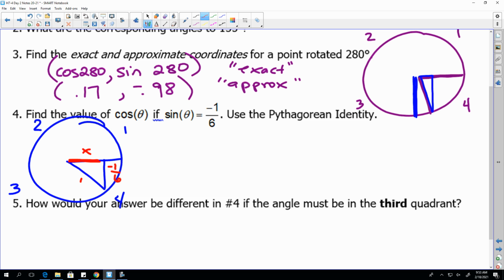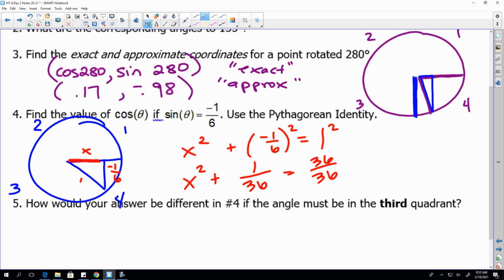So we're going to just fill our things in. We have one side squared plus the other side squared equals the hypotenuse squared. Now before we reach for the calculator, let's do this without the calculator this time. Let's square -1, that will be +1, and 6 squared is 36.